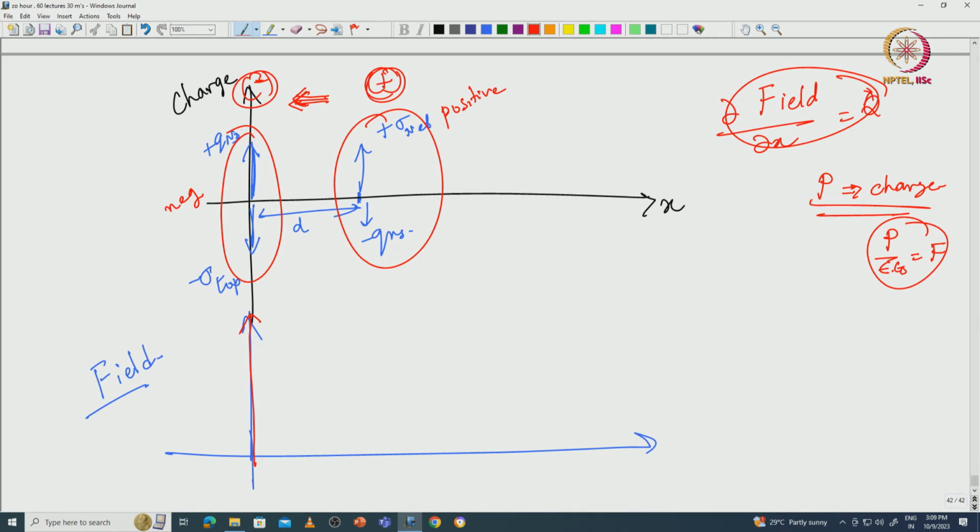The constant electric field is negative in direction. So I can say this is the electric field, and the value of the electric field is something, F1 for instance, I will just call it F1. Because this is a step and this is also a step, there is a step function here.